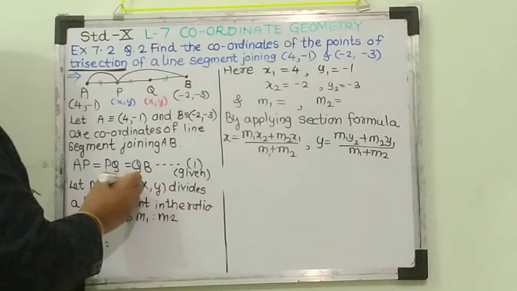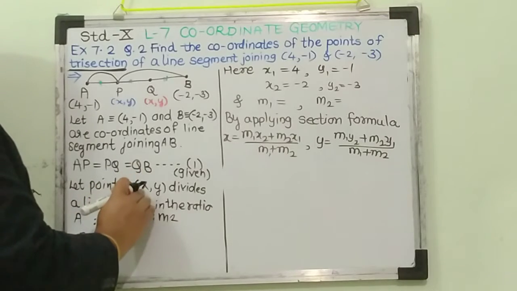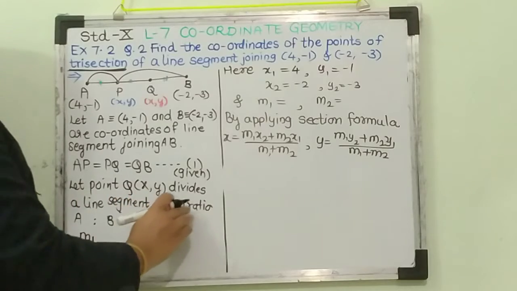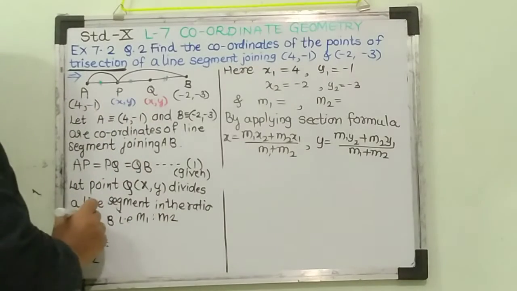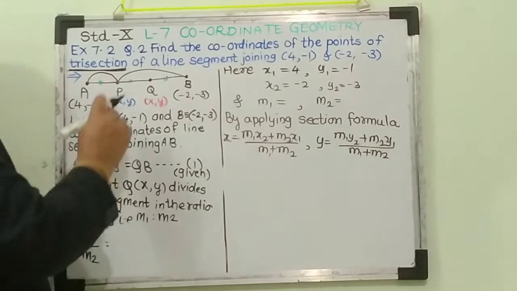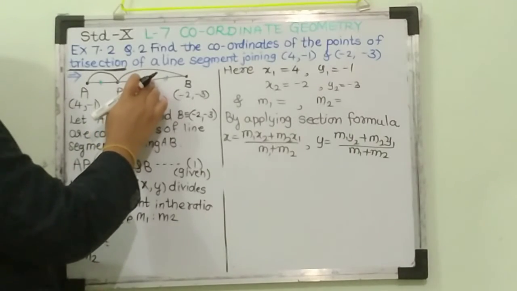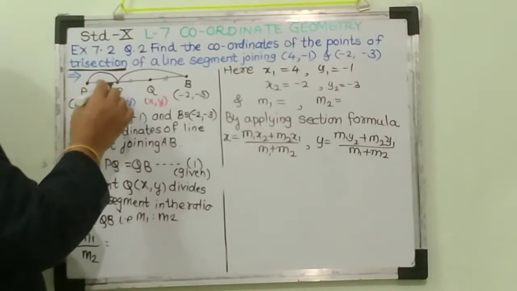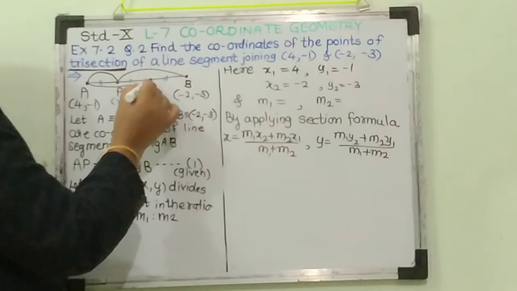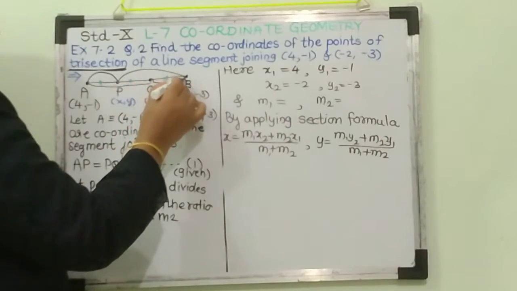Now let the point Q, x comma y, divide the line segment in the ratio AQ is to QB. Now we are going to consider point Q. So here I will take the ratio AQ is to QB.